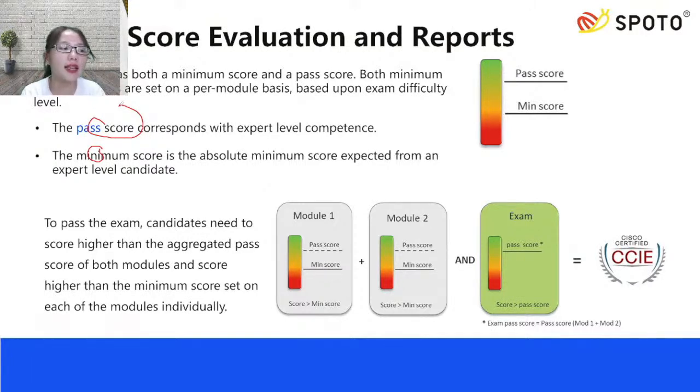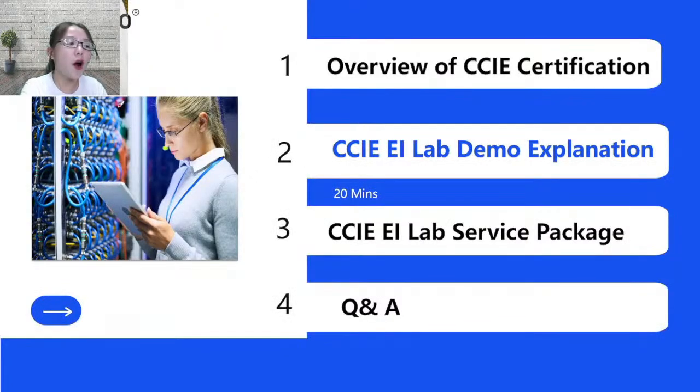To pass the exam, candidates need to score higher than the aggregated pass score of both modules, and score higher than the minimum score set on each of the modules individually. So there can't be a situation where a module score is too low, because this score needs comprehensive talent.